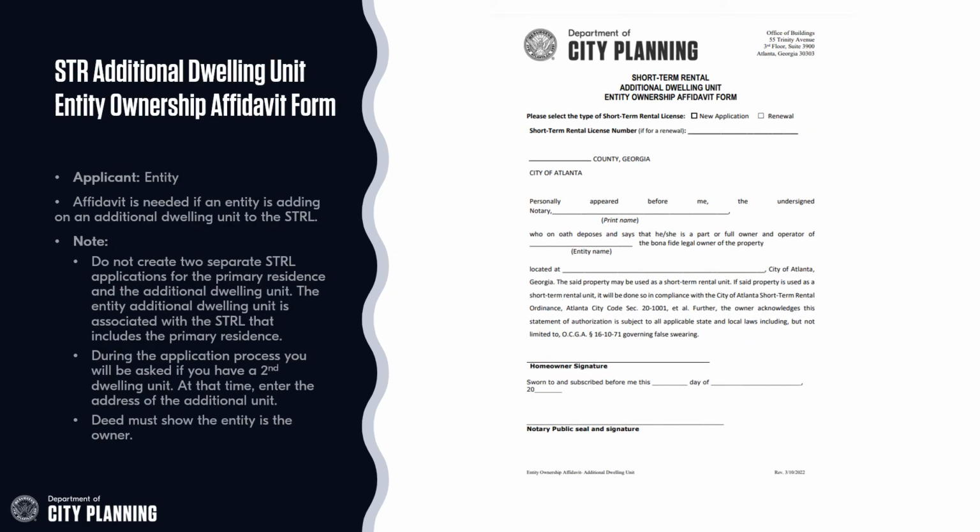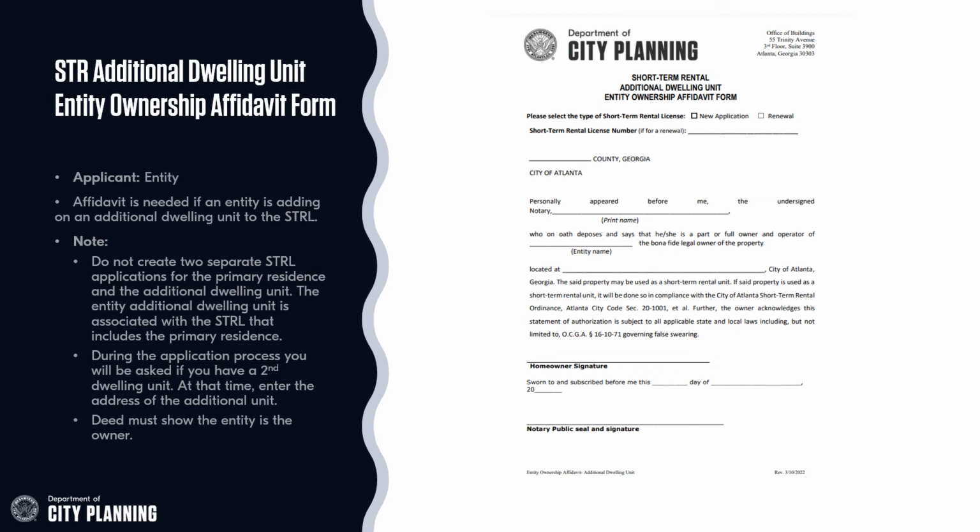STR Additional Dwelling Unit Entity Ownership Affidavit Form. This affidavit is needed when the applicant is the entity and the entity wants to add on an additional dwelling unit owned by the entity to the STRL. Please do not create two separate STR applications for the primary residence and the additional dwelling unit.